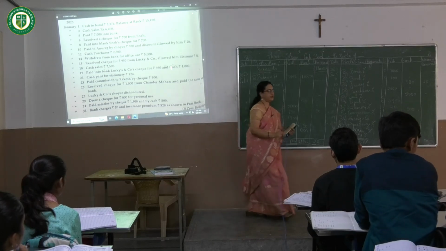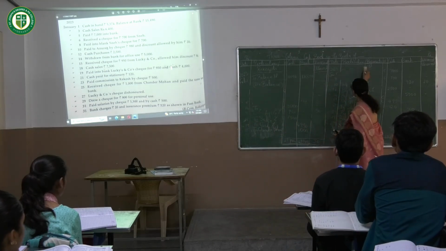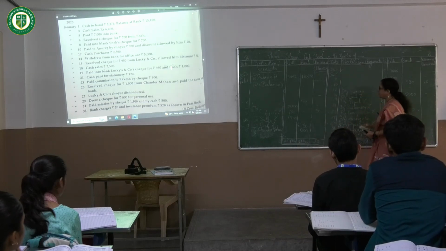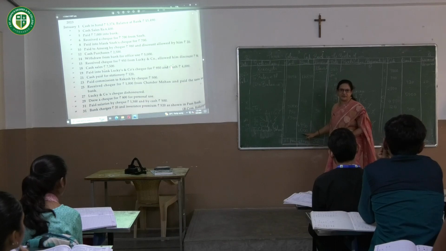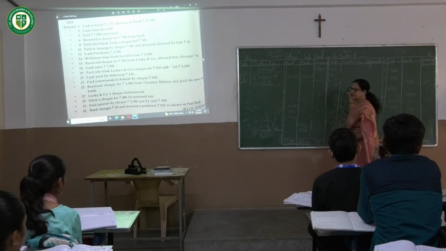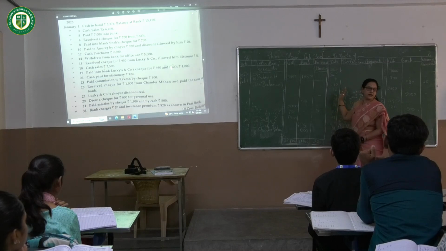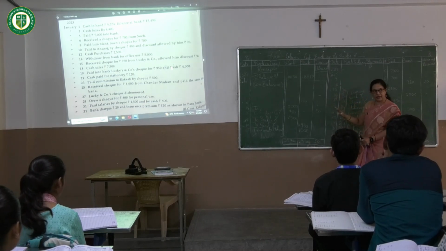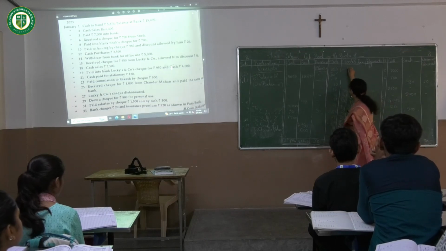In case it's only the bank column, it can show you what is called an overdraft balance. Suppose I get the closing balance on the credit side. It means that receipts are less than the payments, and therefore I call it an overdraft balance.